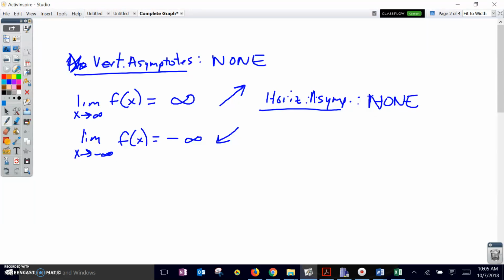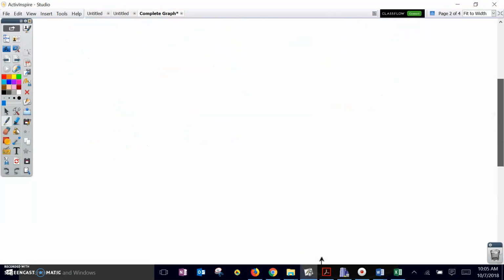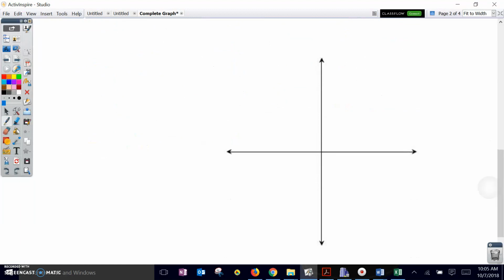Okay, now I have all the information that I'm going to use to produce a graph. I have a little graph grid down here, and I'm going to put all of that information on the graph grid. Now my scale is going to be a little bit different for my y values and my x values. I need my graph to go all the way up to 125 in the y direction. So I'm going to mark my axis off by 25s.